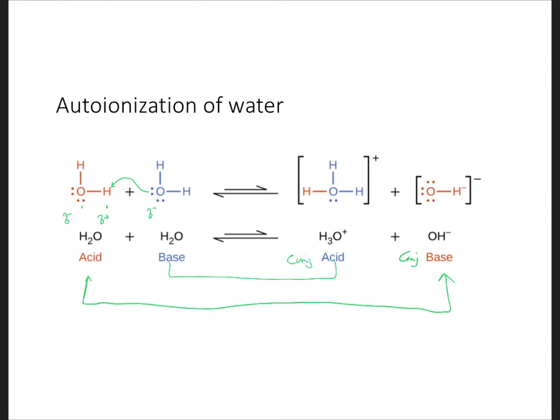It's just like we were looking at before with these acid-base conjugate pairs, but now it's just water all by itself. The fact that water by itself can automatically become ions, either hydronium ions, H3O pluses, or OH minuses, hydroxide ions, we call autoionization.